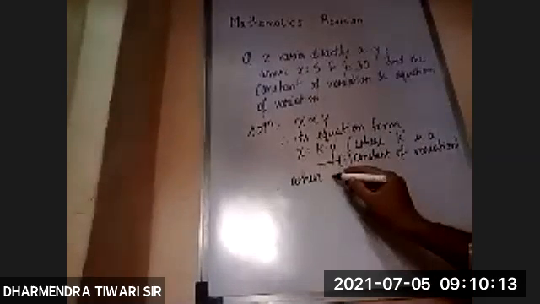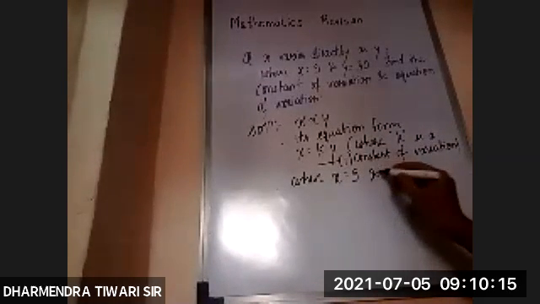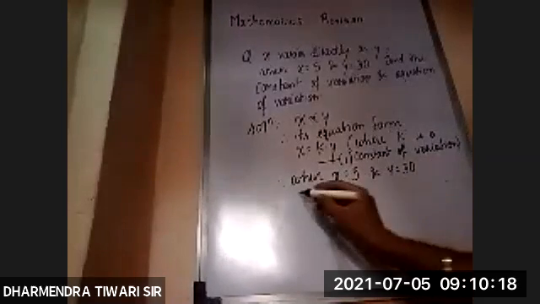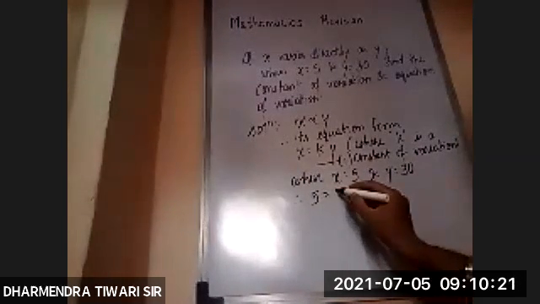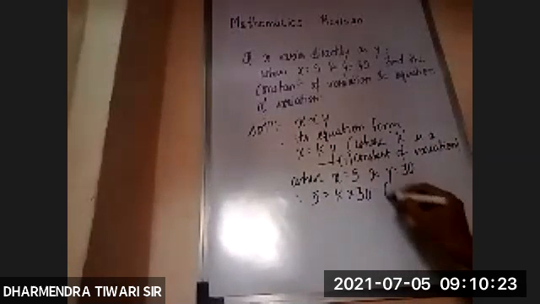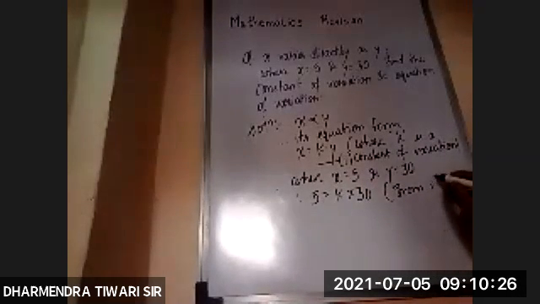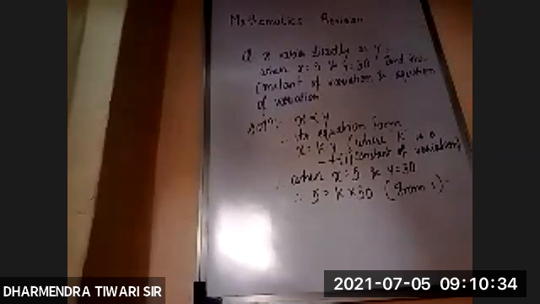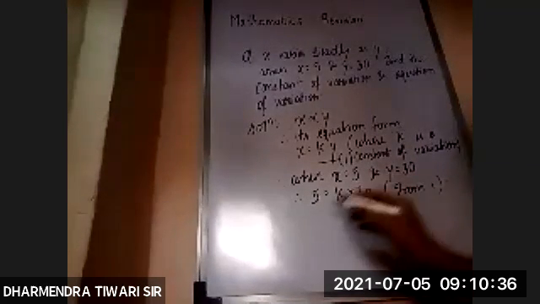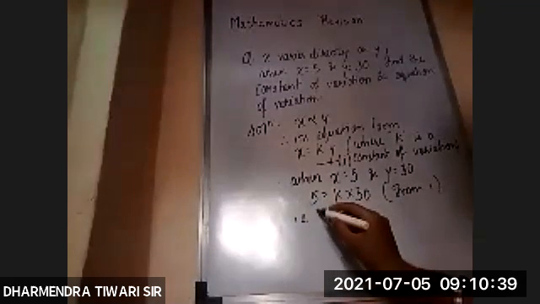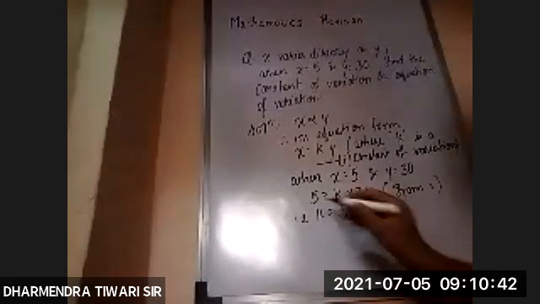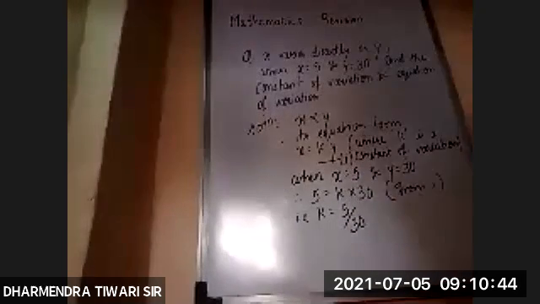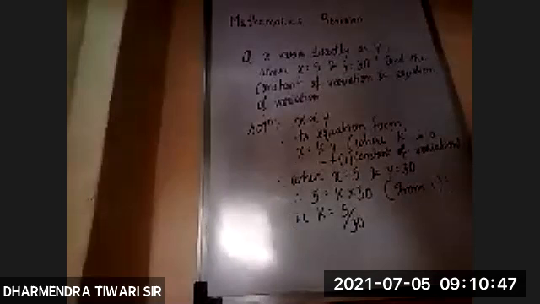When the value of x is 5 and the value of y is 30, therefore 5 is equal to k into 30 from equation 1. Hope you have understood this. That is, we can write k is equal to 5 divided by 30, taking 30 to that side.